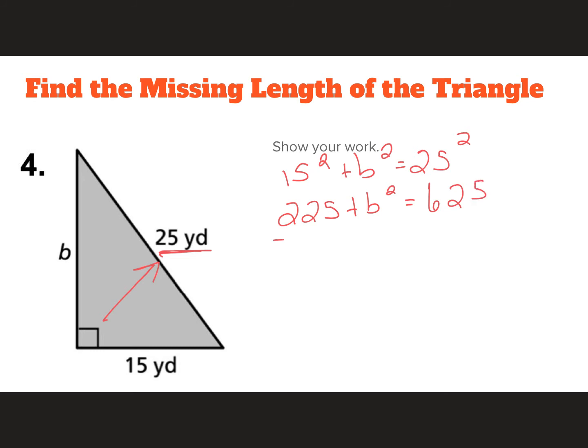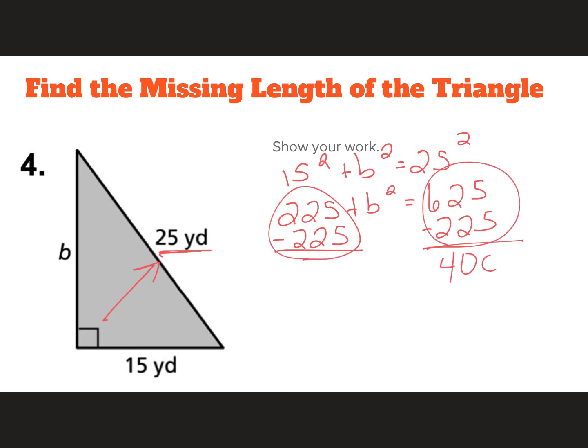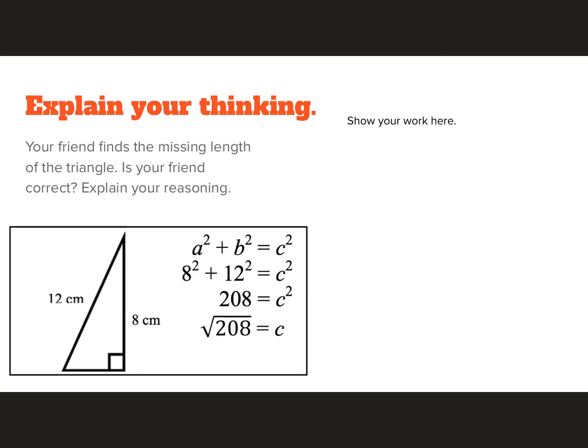I'm going to subtract 225 from both sides because I'm finding a missing leg here. These are going to cancel. Over here, I get 400, so b squared equals 400. Take the square root of both sides, and I get b equals 20. This isn't so hard to do. All you have to do is figure out which side you're finding first.